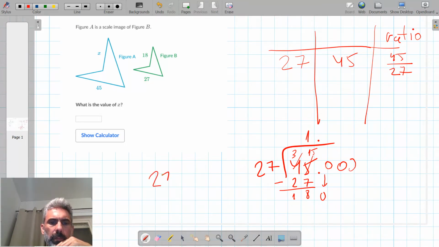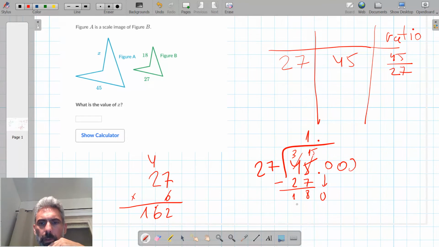6 times 27: 6 times 7 is 42, 6 times 2 is 12, plus 4 is 16. So 6 times 27 is 162. So we have a remainder of 18.